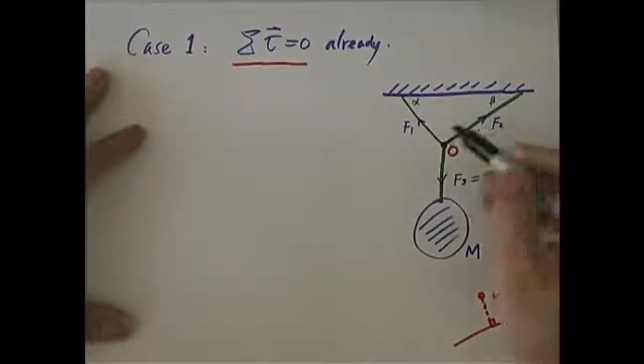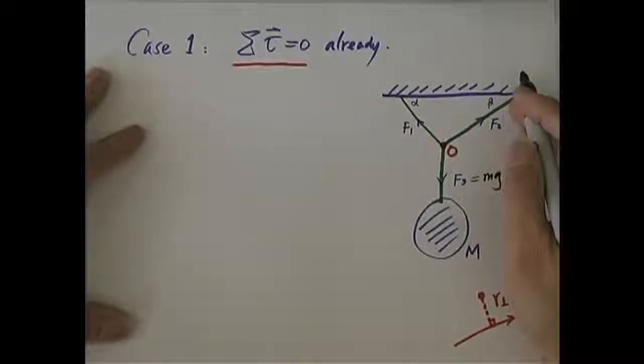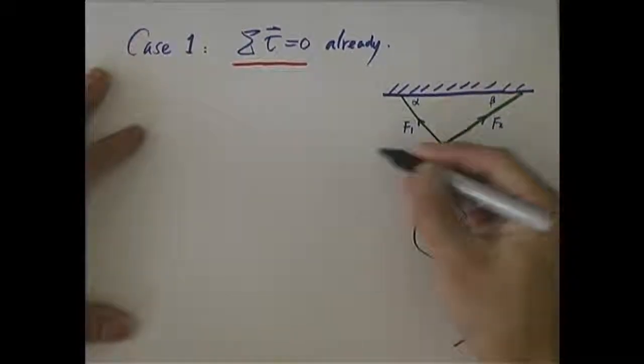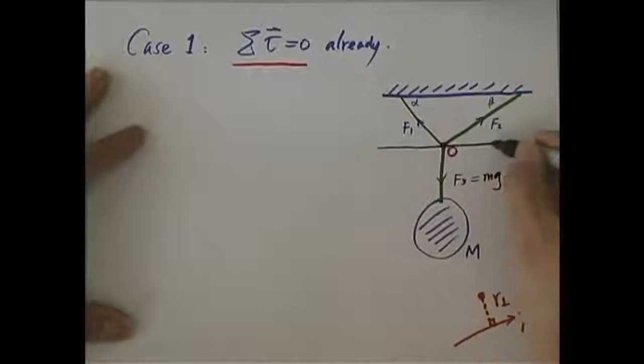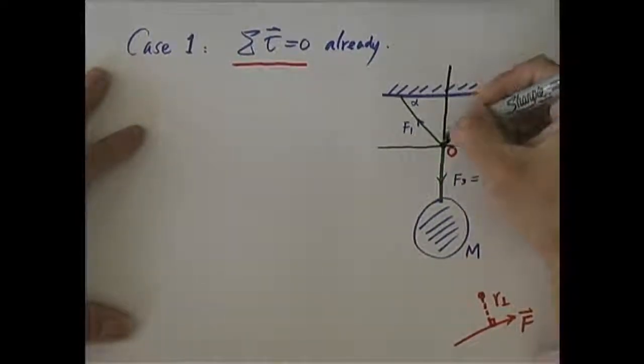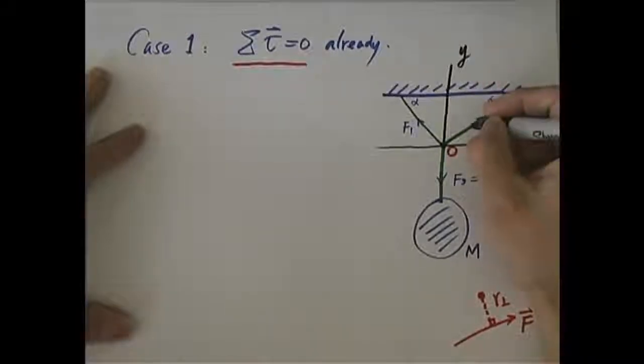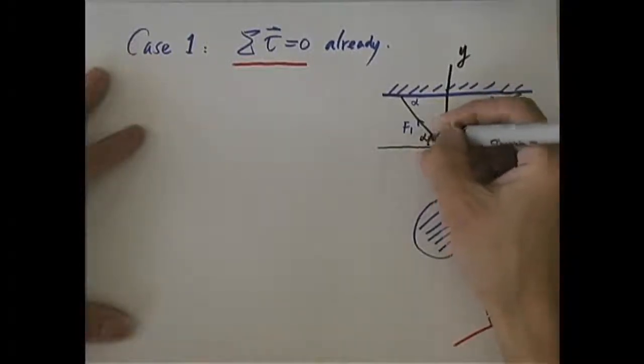And secondly, let me find F1 and F2. The net force is equal to 0, both horizontally and vertically. Let's choose an axis. This is horizontal, and that one is vertical. Let's call this beta, and this is alpha.